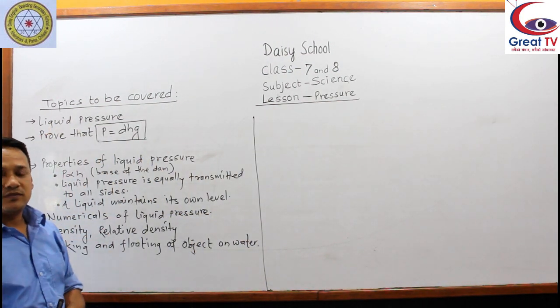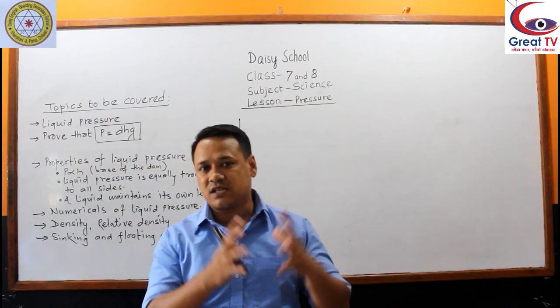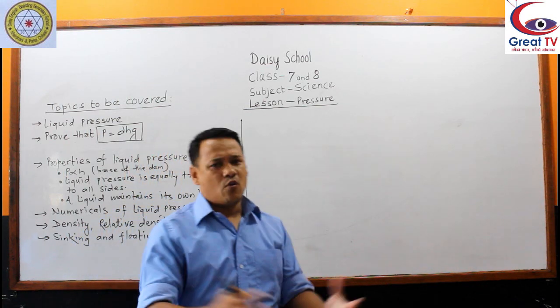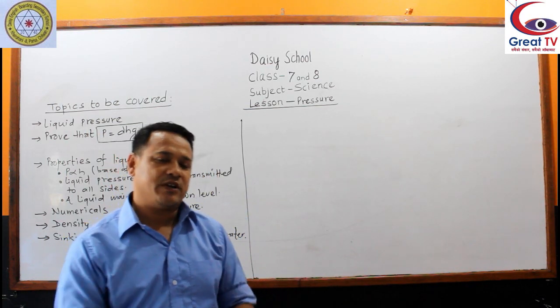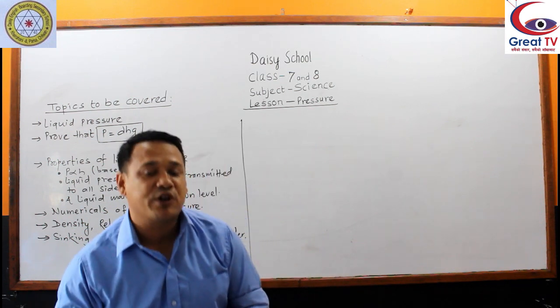Liquid pressure. In atmospheric pressure, we discussed the pressure given by the atmospheric air on the unit surface of the earth. While defining pressure, we defined it as force acting normally on the unit surface area, or force per unit area.